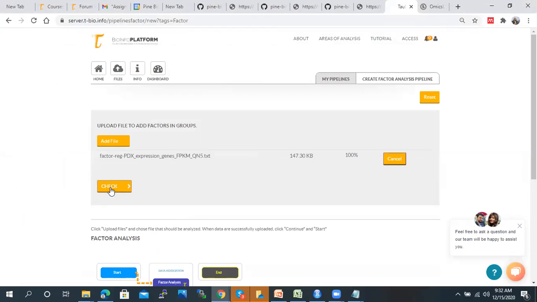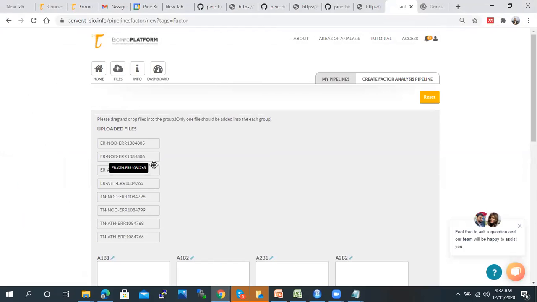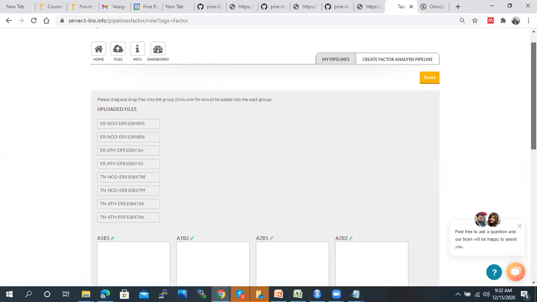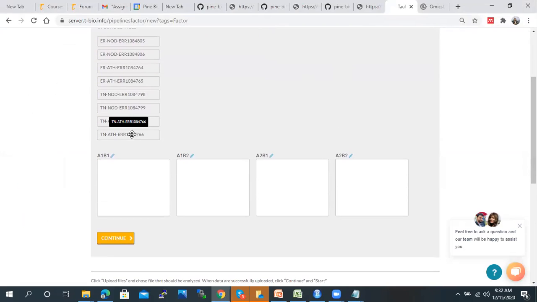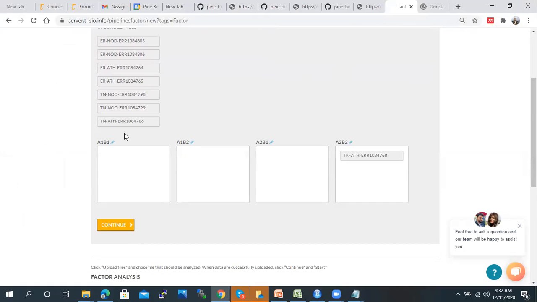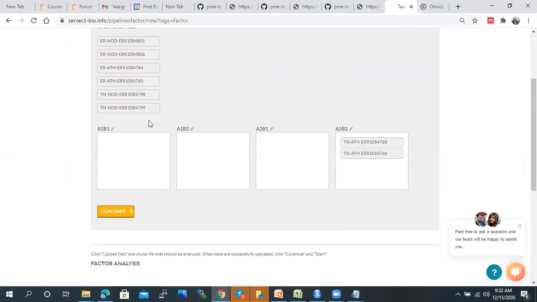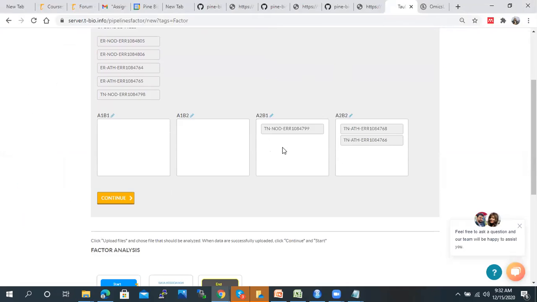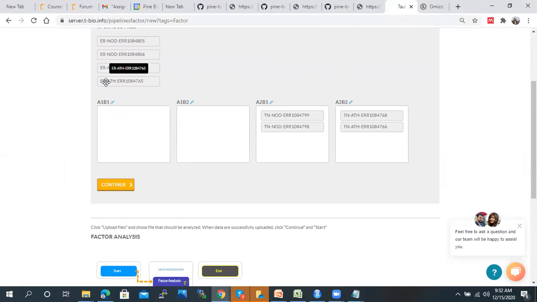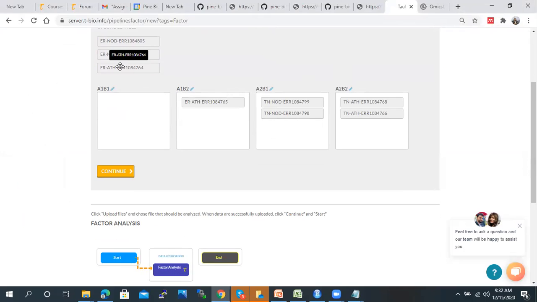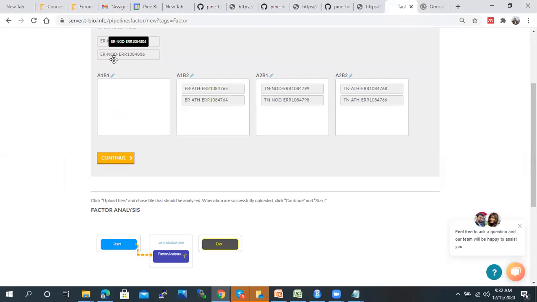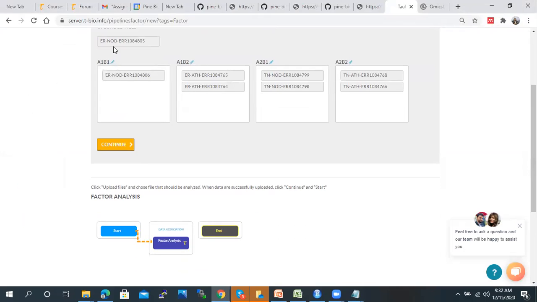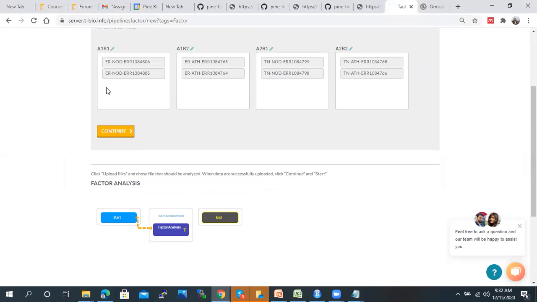The next is check. Click on the check. Now we have to drag our samples into different factors. This is the triple negative athymic into one group. Then triple negative nod into another group. Then ER athymic into this group, and then the ER with the nod mice we are giving to another group.